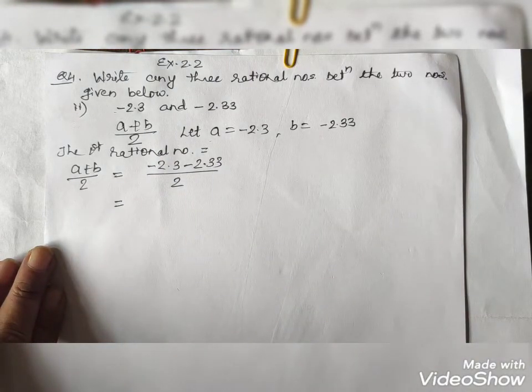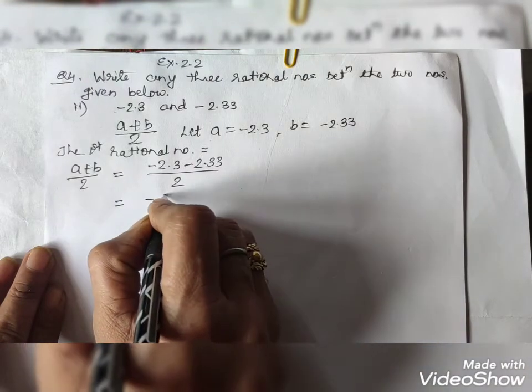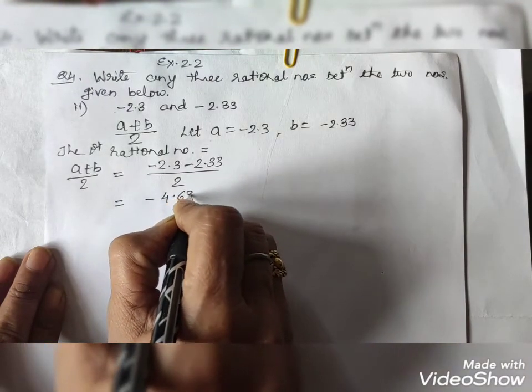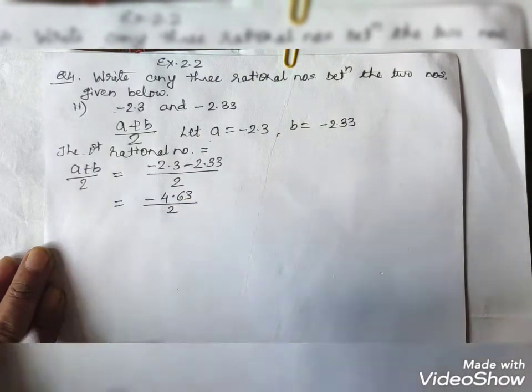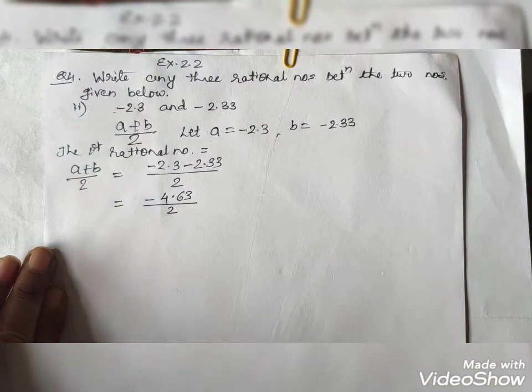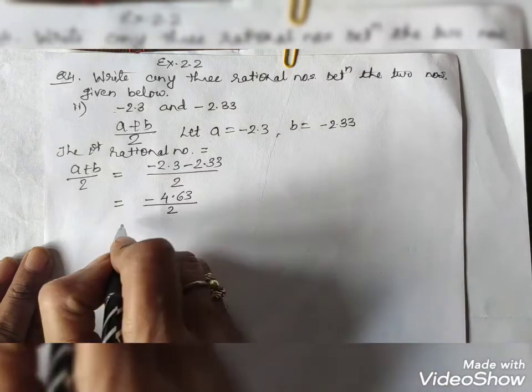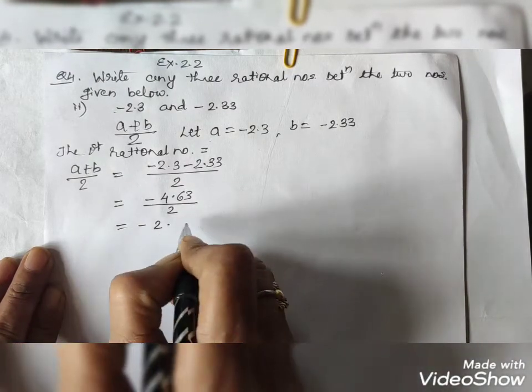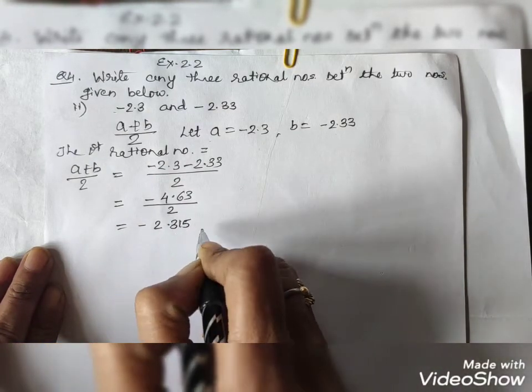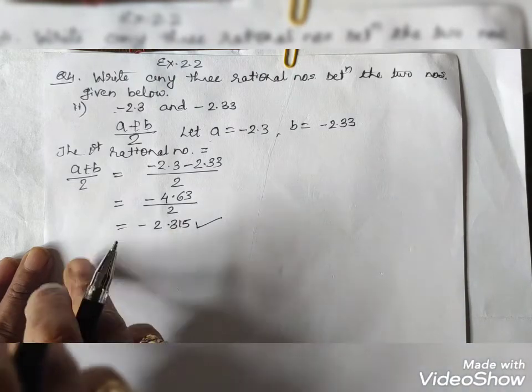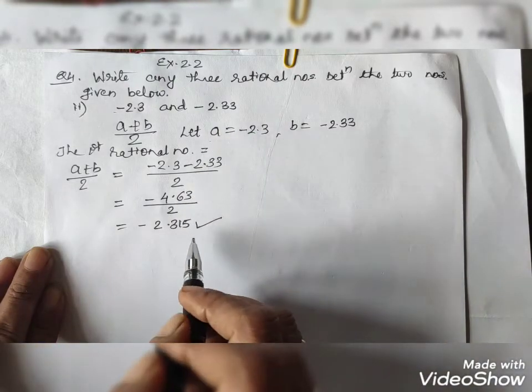When you add these two, what will you get? Minus 4.63 divided by 2. Now you divide this 4.63 by 2, and you will get the answer as minus 2.315. So this is the first rational number between the given 2 rational numbers.